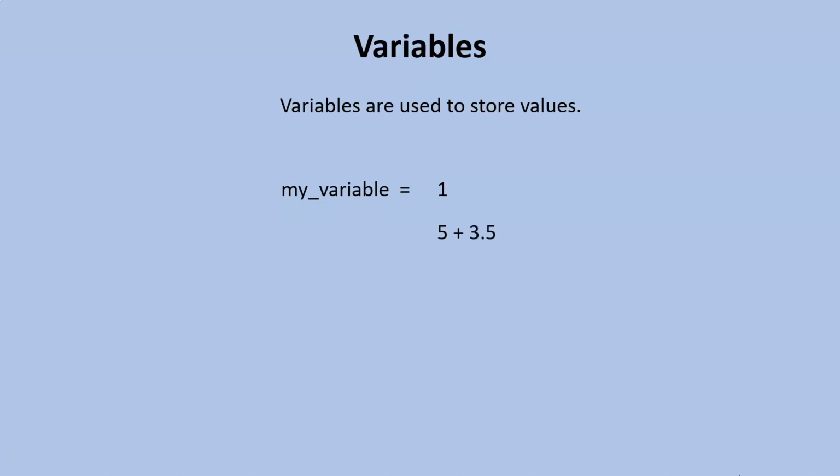We have this expression 5 plus 3.5. We can also store this expression inside of a variable. In this case, we have the same name for the variable, which is myVariable, and we use the assignment operator to assign the expression 5 plus 3.5 inside of myVariable.